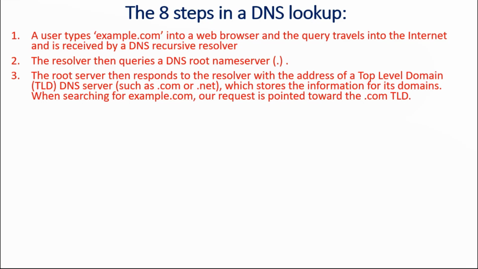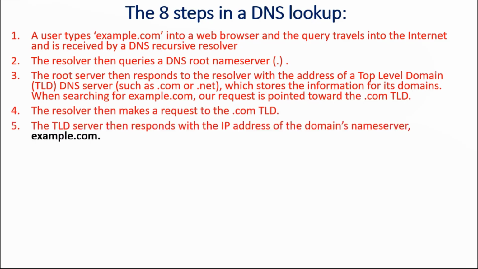When searching for example.com, our request is pointed towards .com, which is the top level domain. The resolver then makes a request to the .com top level domain.